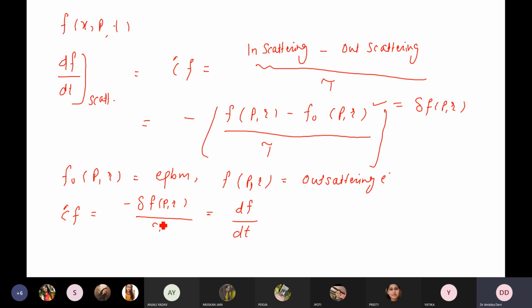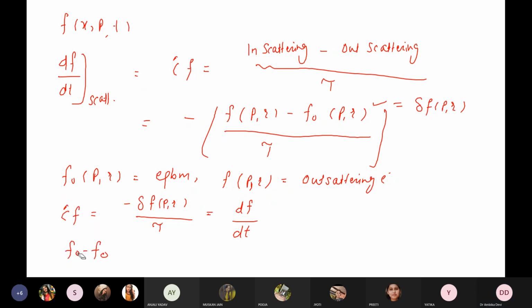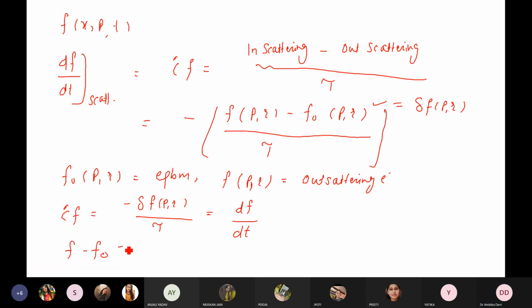Okay, so if you differentiate this equation on both sides, then the result that you are going to obtain is f minus f naught, which is delta f. Since we have done a similar type of integration in the last article, I'm not going to do it in detail.